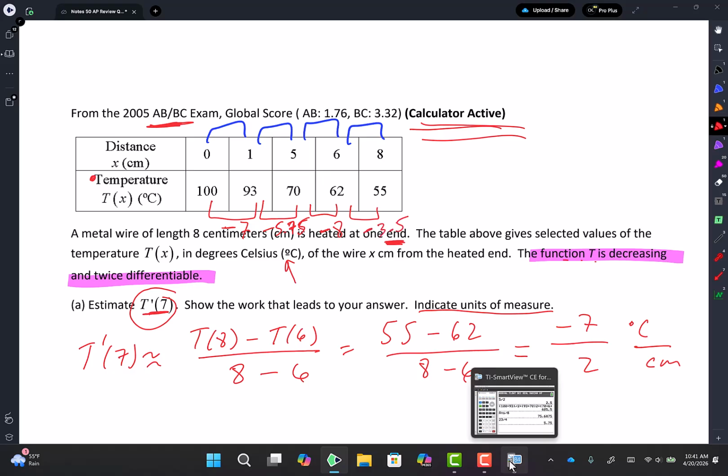All right, so my T prime values are negative 7, negative 5.75, negative 8, negative 3.5. Let's find the rate of change of these, because that would be T prime prime. Or let's just look at it.